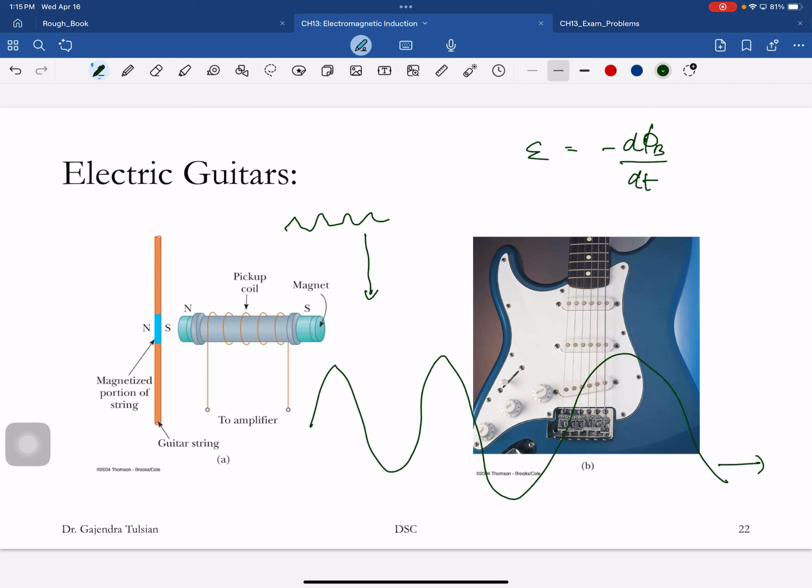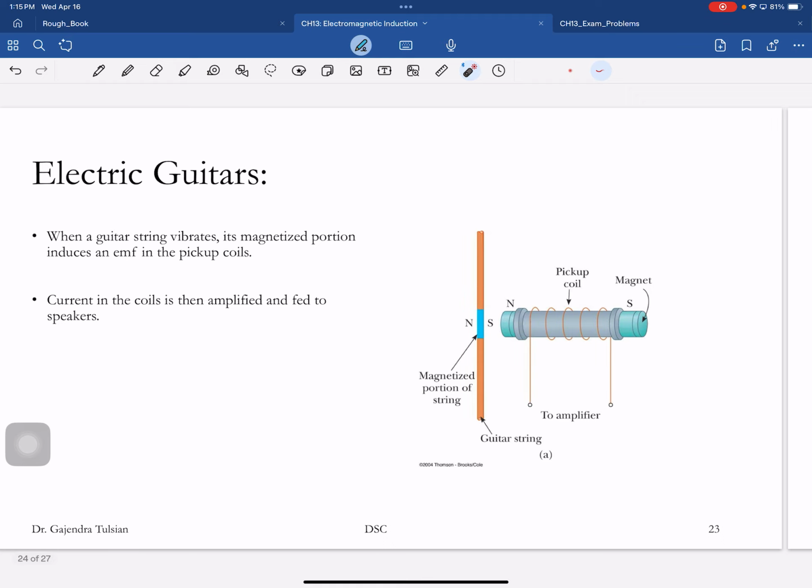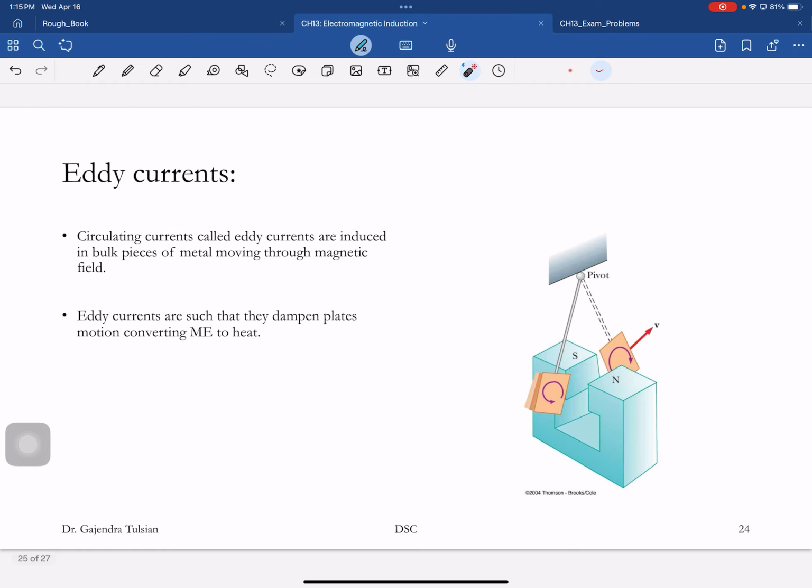This you can feed to a speaker and keep 50,000 people entertained. So again, what this law allows you to do is change any vibration into an electrical signal.